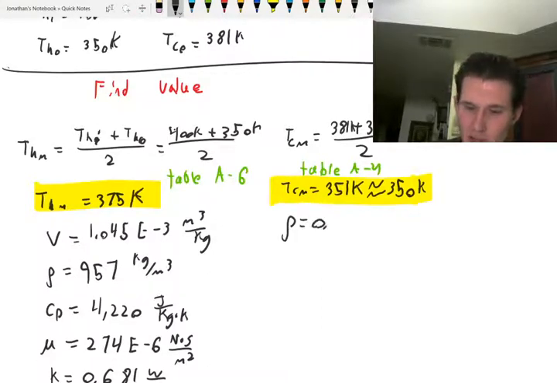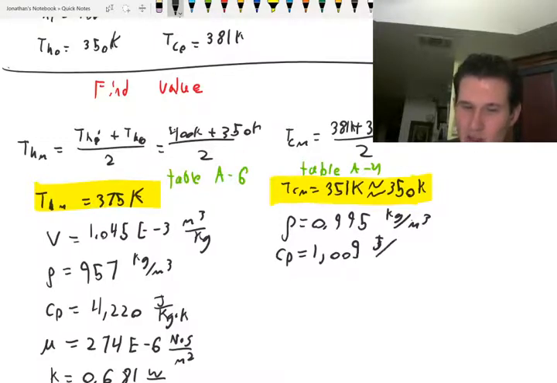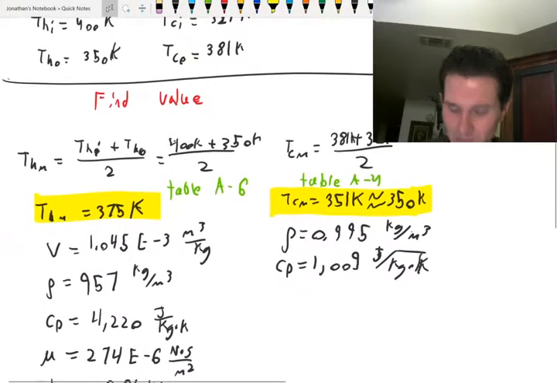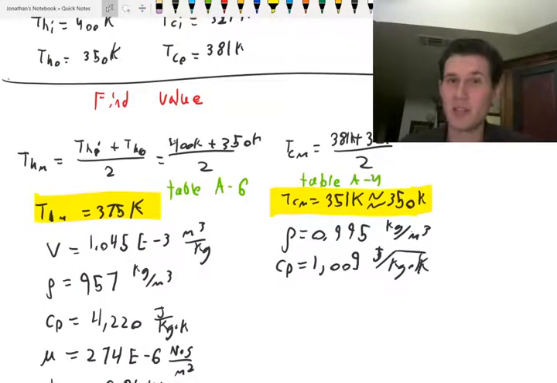So we get our density as 0.995. Now remember, the density of air near atmospheric pressure should always be around 1 at atmospheric conditions. That CP again, remember, take that CP, convert it to its base units. Don't make that mistake. I've made that mistake before. I did not like that I made that mistake before. So let's not make that mistake.